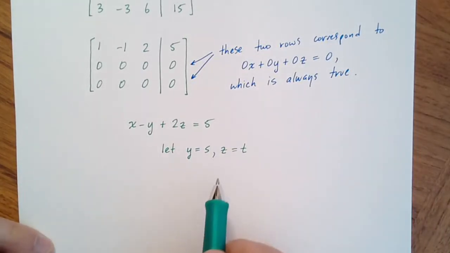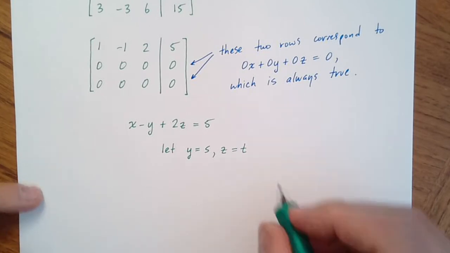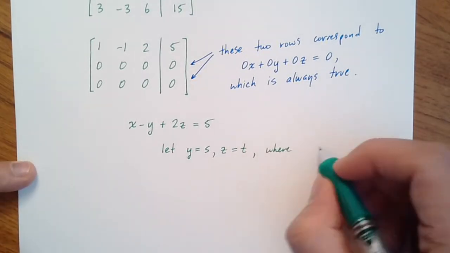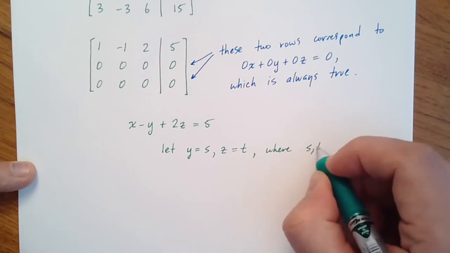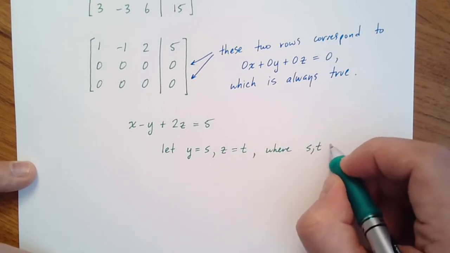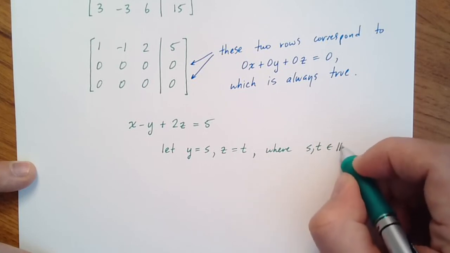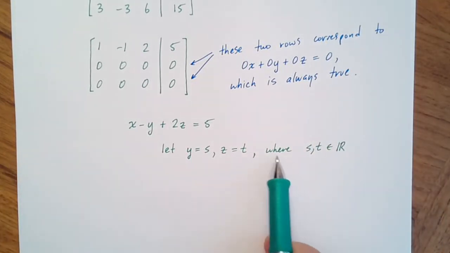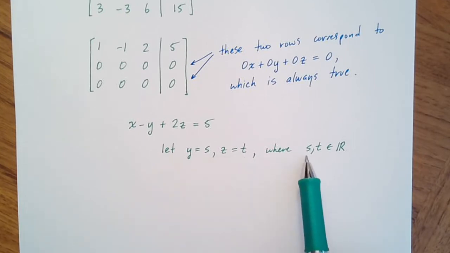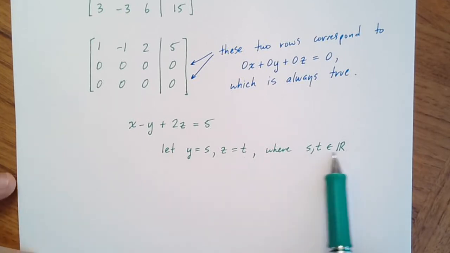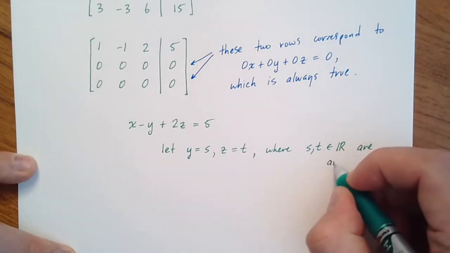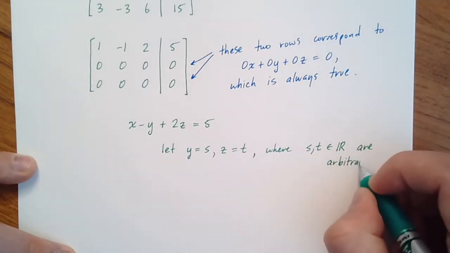So those are the letters I'm going to use for the parameters for y and z. Now I want to make it clear that these are parameters, so I'll say: where s and t are, first of all, real numbers. So let y equal s and let z equal t, where s and t are real numbers, so they belong to the reals, and also they are arbitrary.